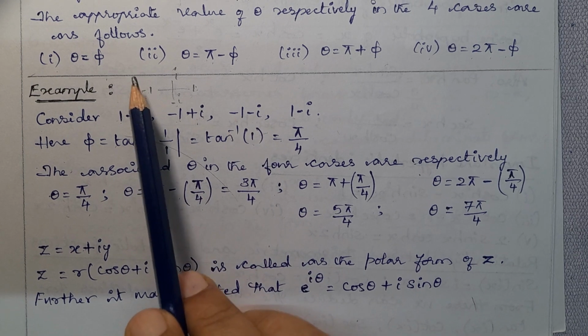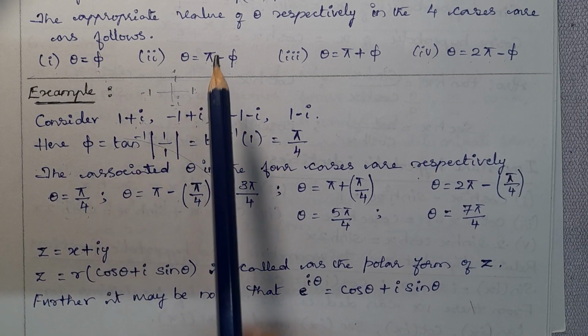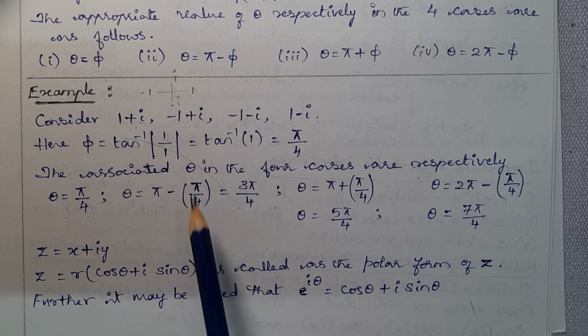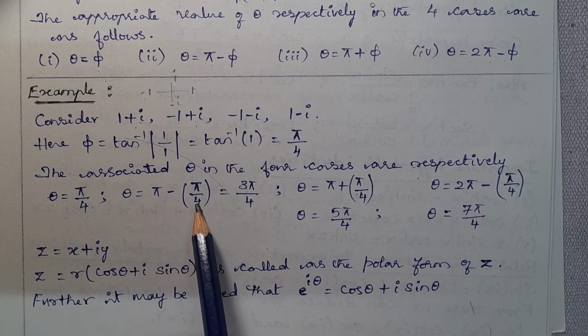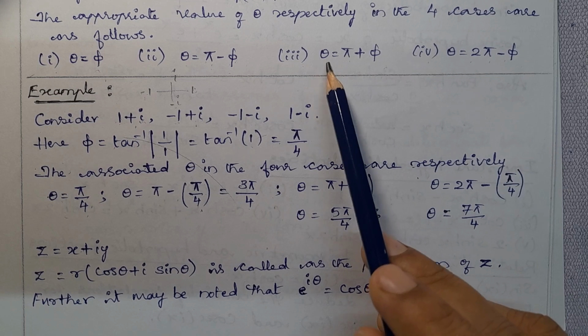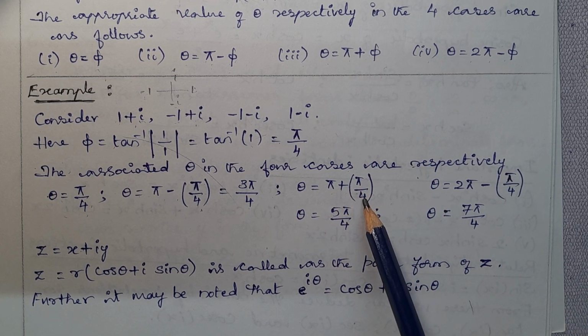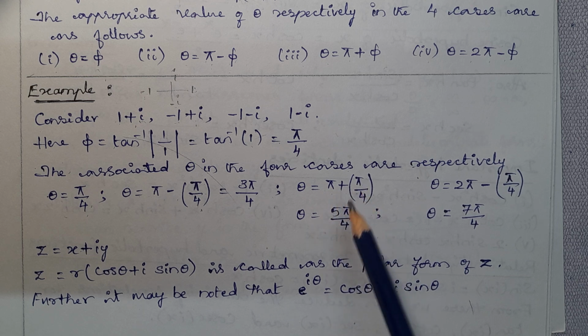Here phi is pi by 4. Theta equal to pi minus pi by 4. So take LCM, 4 pi minus pi is 3 pi divided by 4. Then theta equal to pi plus phi, pi plus pi by 4. Take LCM, 4 pi plus pi is 5 pi divided by 4.